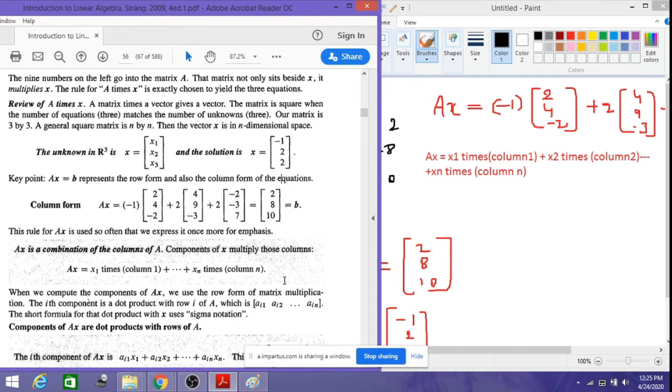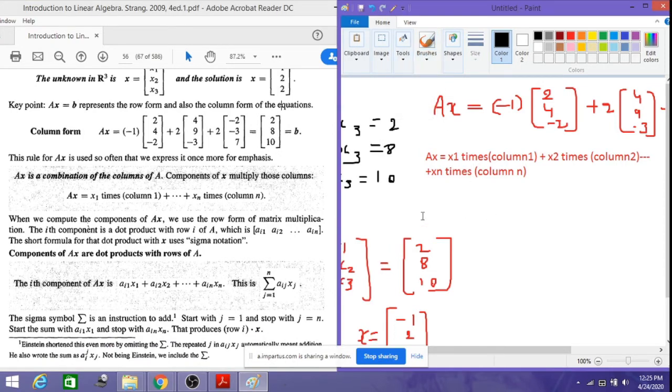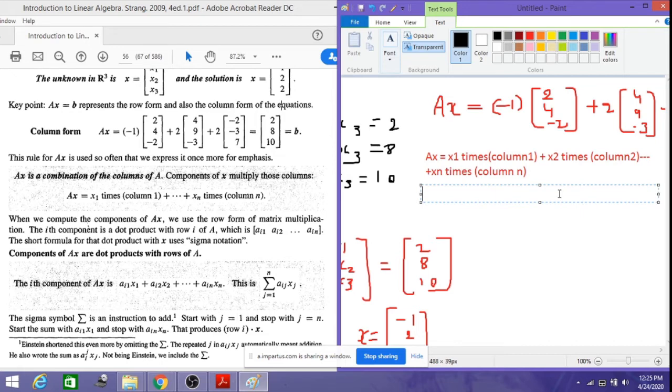Generally it can be written that the ith component of AX is ai1 into x1 plus ai2 into x2 plus and so on, and finally plus ain into xn.